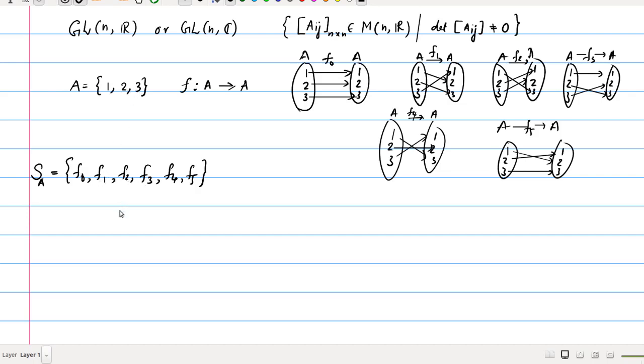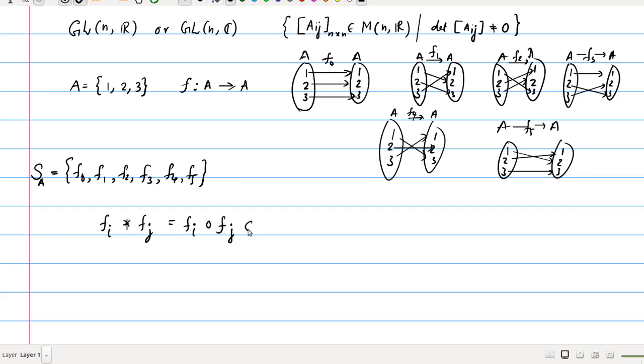If we consider a binary operation on this S_A as composition, where f_i star f_j is defined as f_i composition f_j, then since f_i and f_j are bijections, the composition is also a bijection.